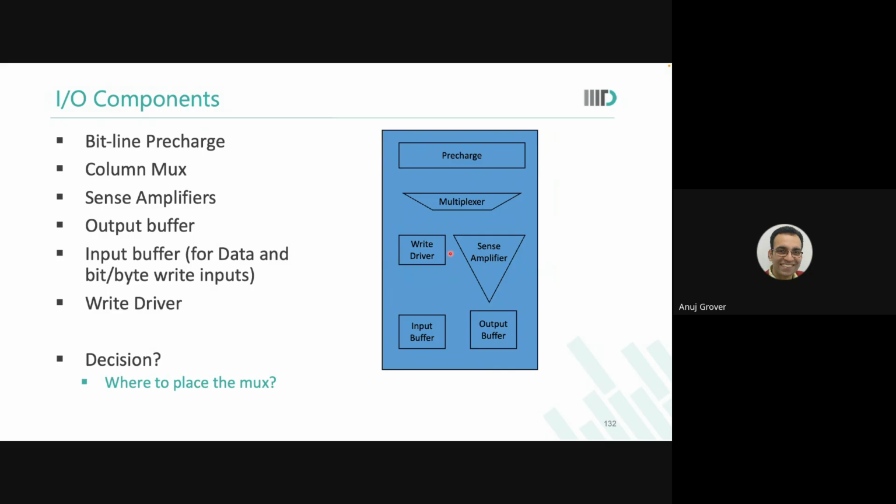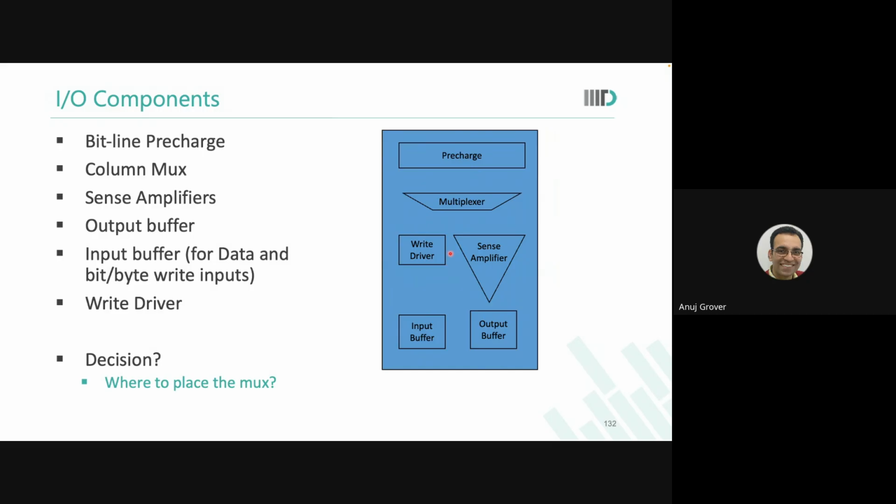For example, if I put the MUX after the sense amplifier, what are the advantages I could get? Now my sense amplifier will see less resistance from my bit line or the cell which was discharging the bit line until the sense amplifier.